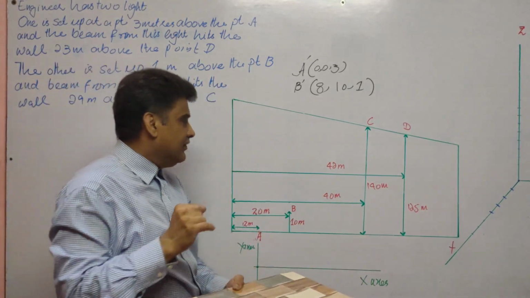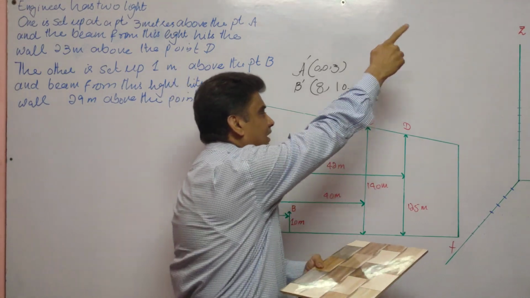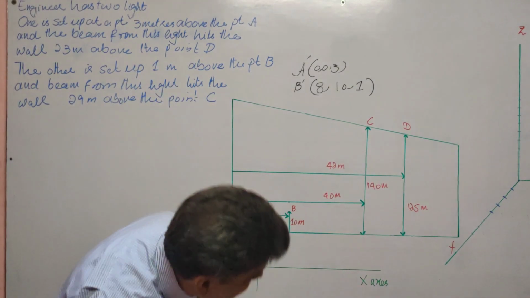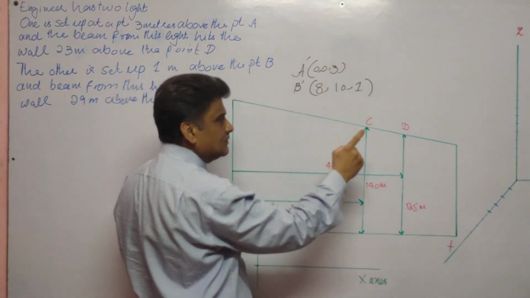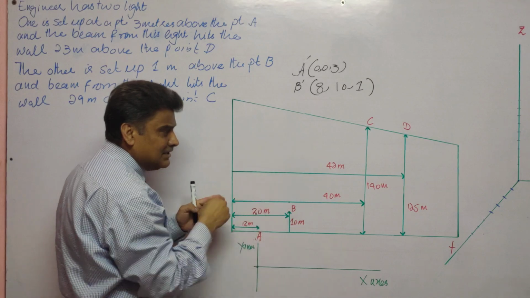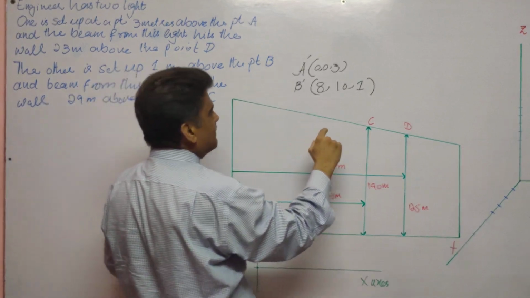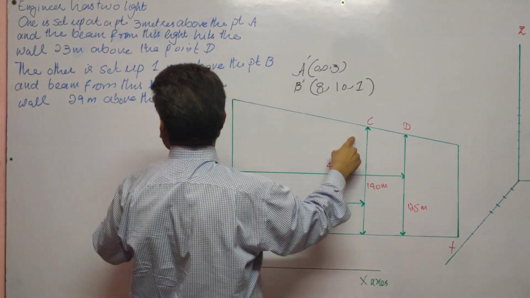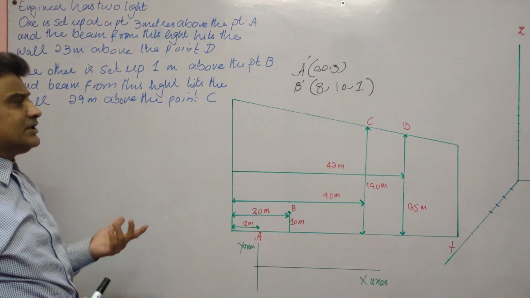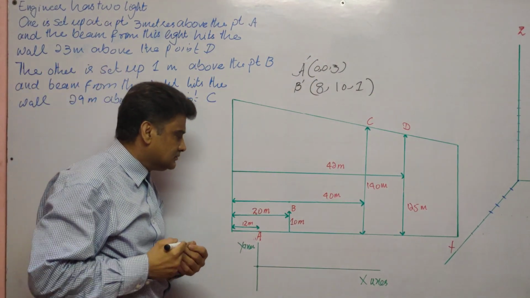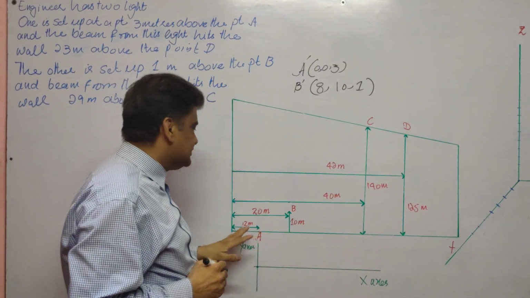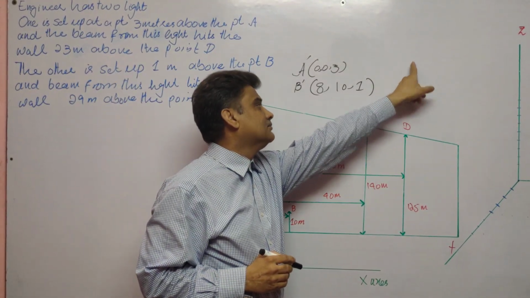But the beam of light hits the wall 23 meters above the point D, and the second beam of light hits the wall 29 meters above the point C. We suppose that the first beam of light hits the wall at point D prime.